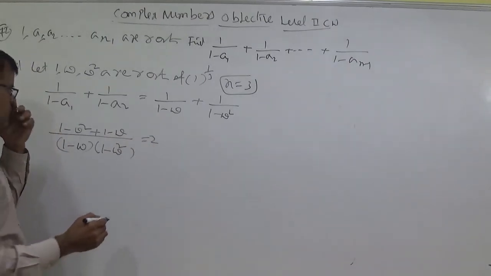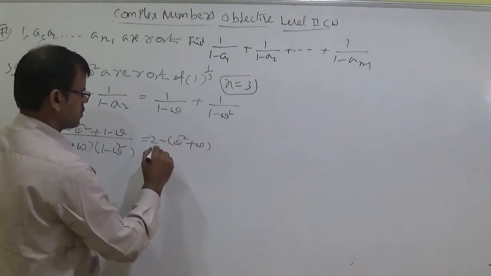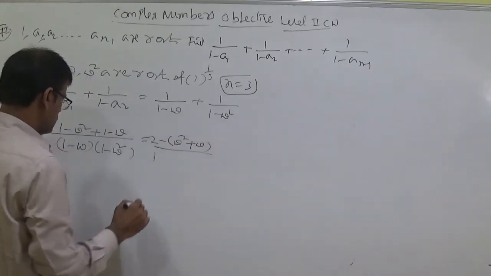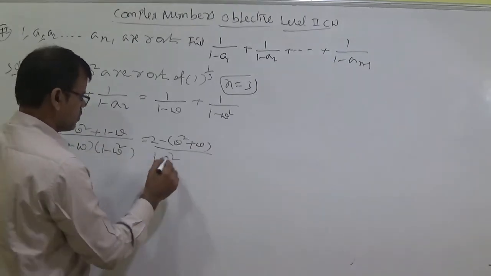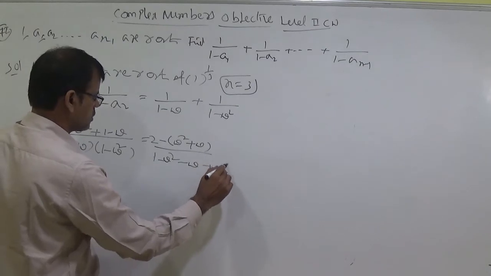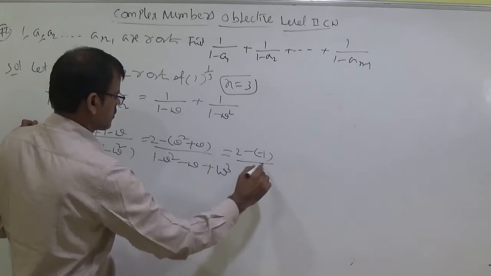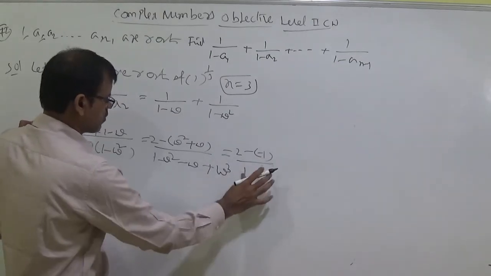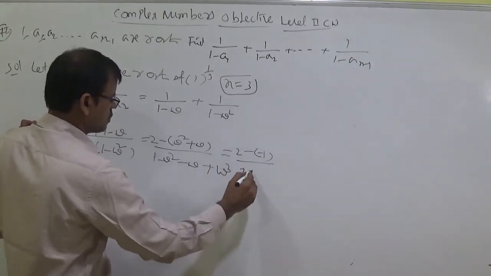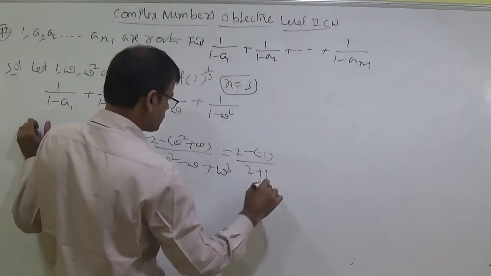You can write here 2 minus of omega square plus omega, divided by 1 minus omega square minus omega plus omega into omega square, which becomes omega cube. So this is 2 minus of minus 1, which is 3, and in the denominator 1 plus 1 minus of minus 1, plus omega cube becomes 2 plus 1.